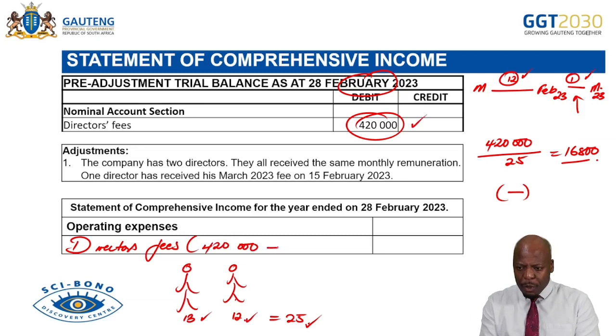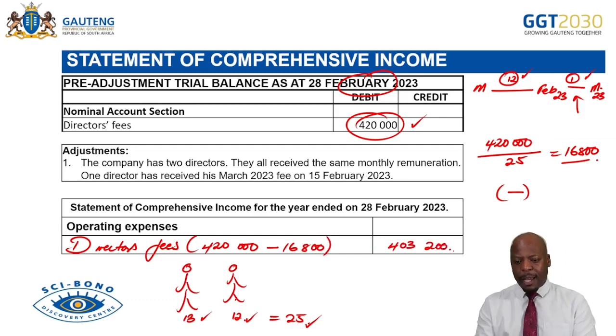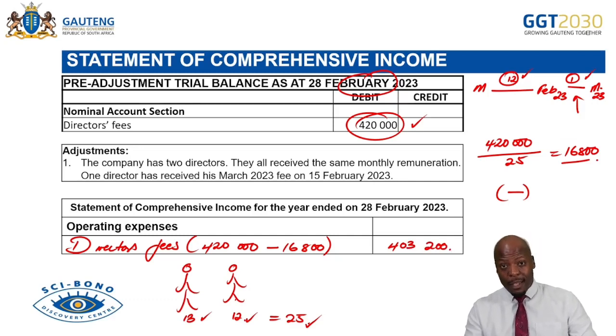Then we subtract the one that we have paid in advance, 16,800. Then how much is our director's fees at the end now? 403,200. That becomes our director's fees.